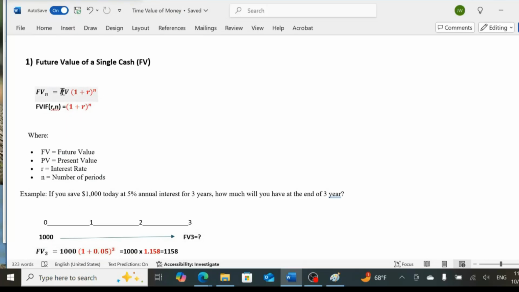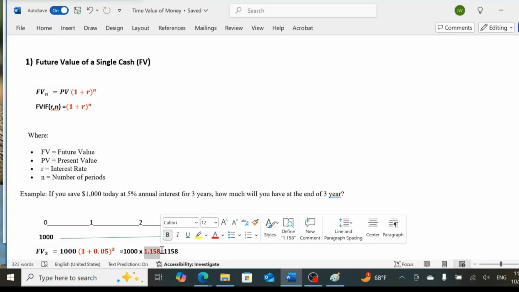So we can just substitute in this formula: today's amount PV 1,000, interest rate 5%. When you do the calculation, you need to convert percentage into decimal format, and raise to the third power, 3 of these factors. Use your calculator, you figure out this is 1.158. We call this the future value interest factor at 5% and 3 periods.